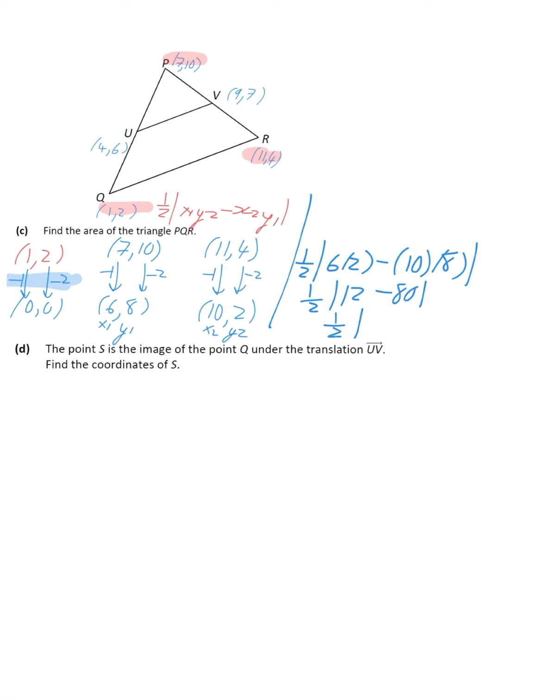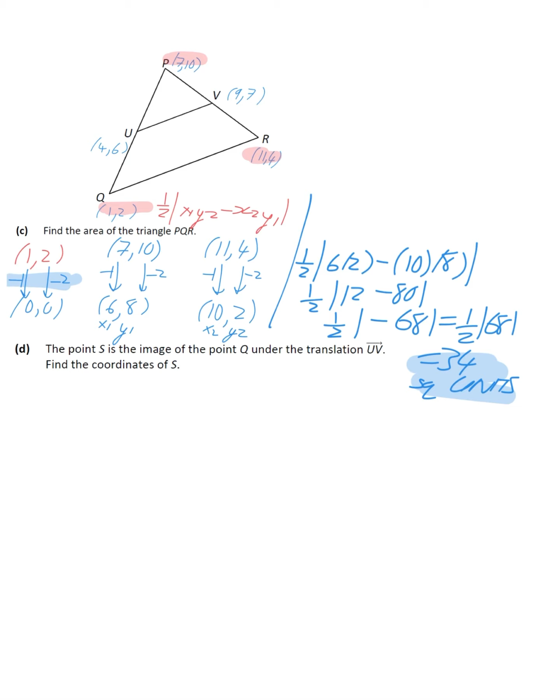So a half of minus 68. But if it's negative 68, you always take it as positive. So that would be equal to a half times 68, which equals 34 square units. So that's our answer, part C.